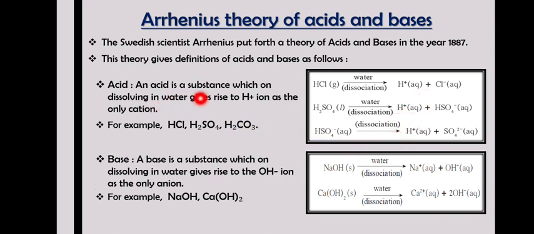So an acid is a substance which on dissolving in water gives rise to H plus ion as the only cation. Followed? Now moving on to the next, that is bases, NaOH and Ca(OH)2. Here you will see OH and OH is common. So a base is a substance which on dissolving in water gives rise to OH minus ion as the only anion. Followed?